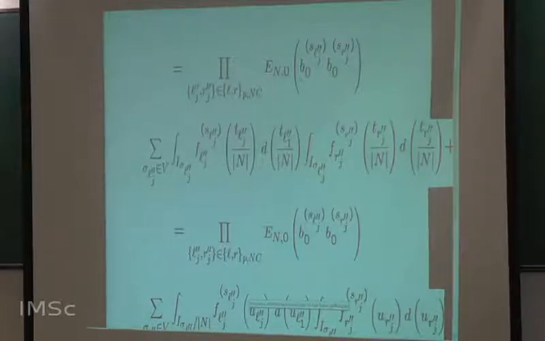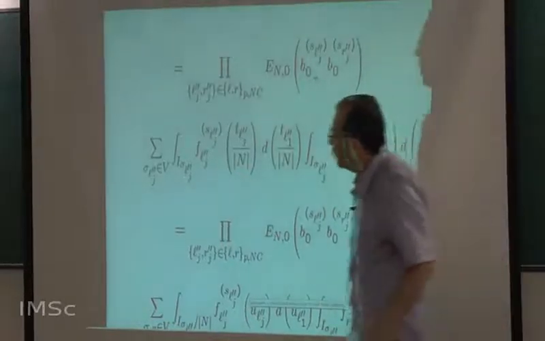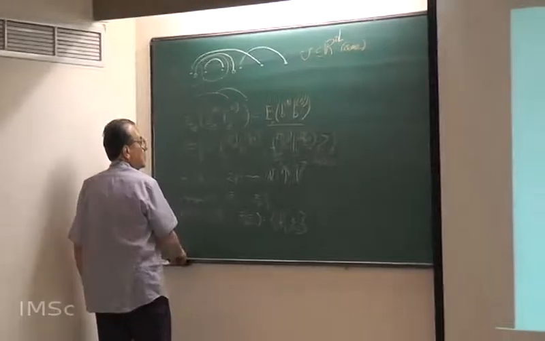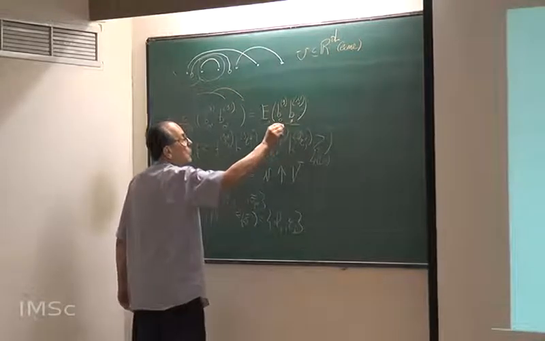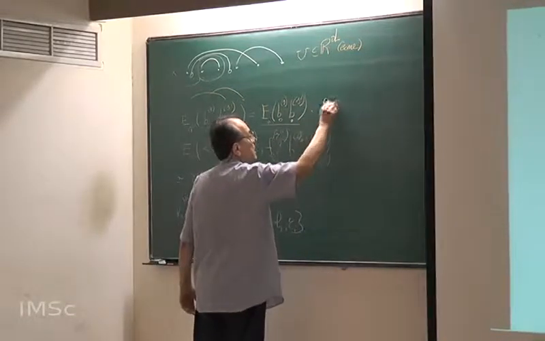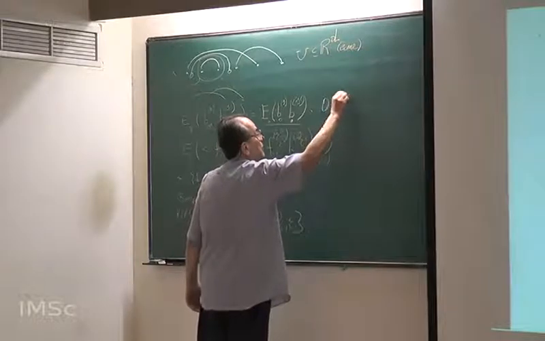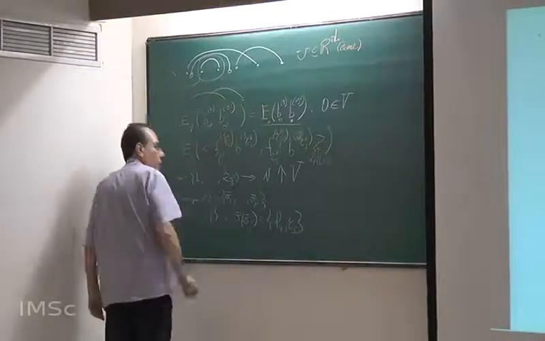I am using, remember, the stationarity assumption, the fact that this doesn't depend. Here I am using this notation: I put this B0, where 0 is an arbitrary point of V, for example.